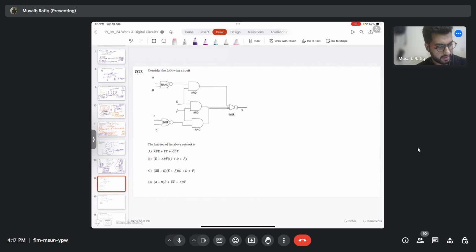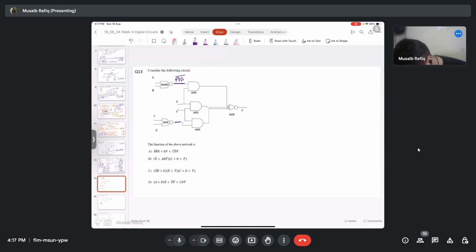It states: consider the following circuit. The function of the above network is, so we need to find out the function of the above network. We have the NAND gates, we have the NOR gates, we have the AND gate, and we have the NOR gate again. So let me just mark the outputs. This will be (AB) bar.